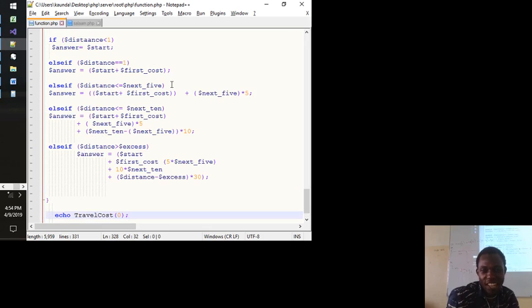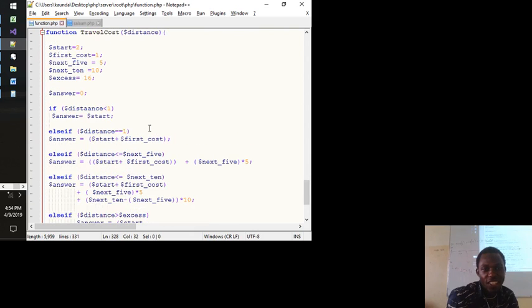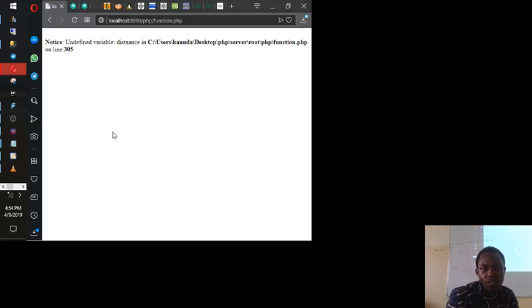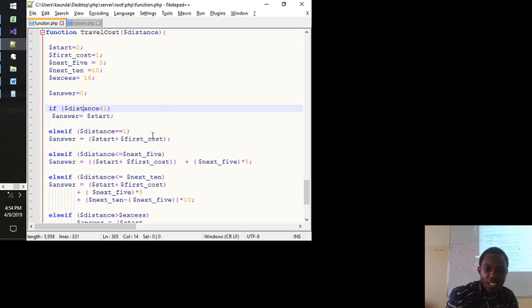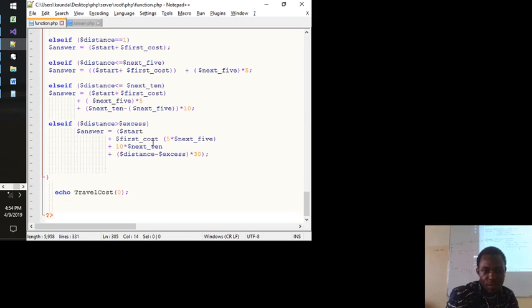So let's find distance. Whatever is written distance and there's no $ sign attached to it. Yes, distance. So okay, that is what it's saying. We've not returned anything, right?